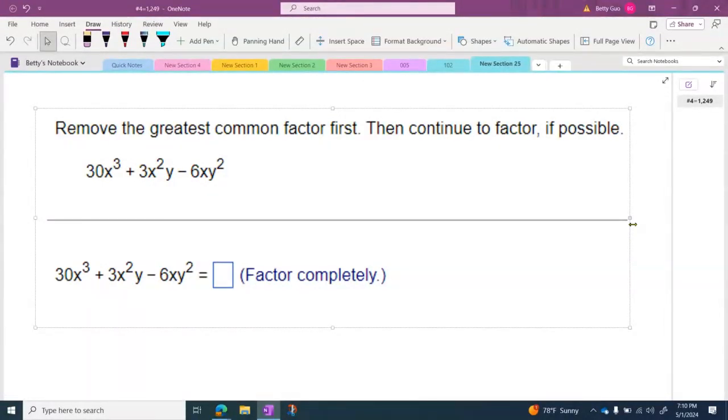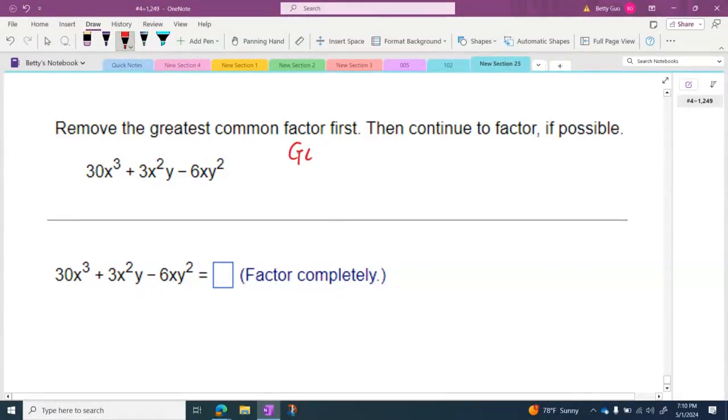So I would consider GCF for sure. Numerical part, GCF is 3. Variable part, x, and that's it. Y does not appear in all three terms, so y is not going to be part of the GCF. So it's just 3x. So we're going to factor 3x out.